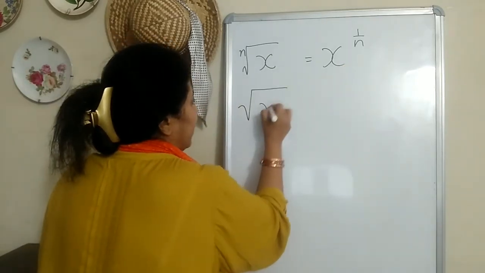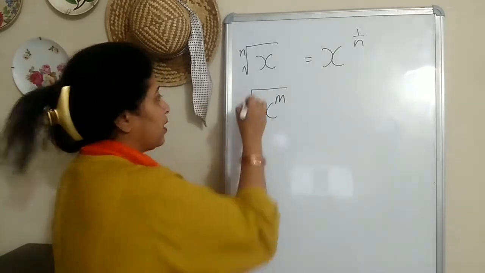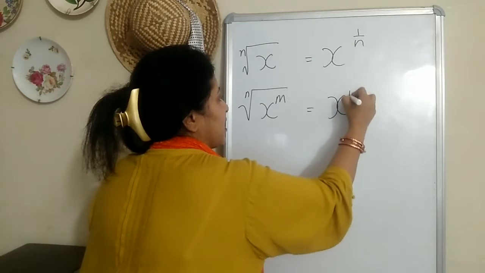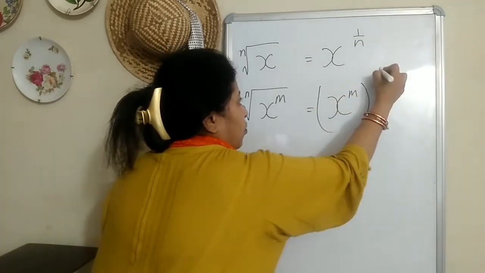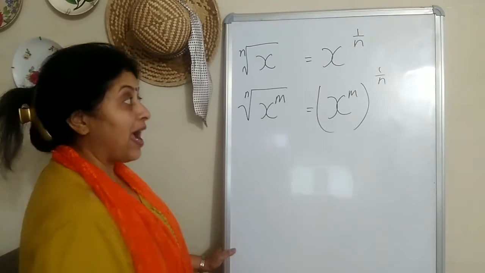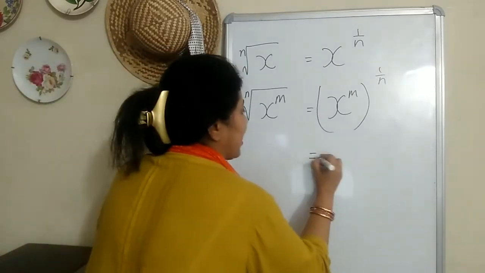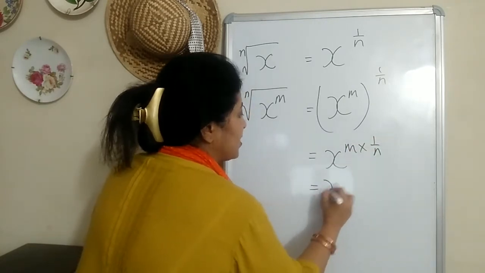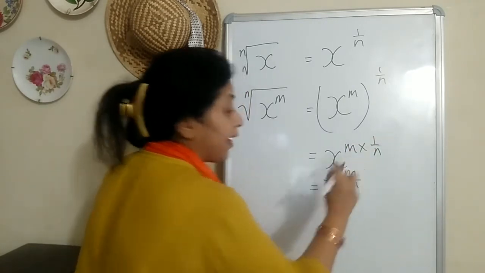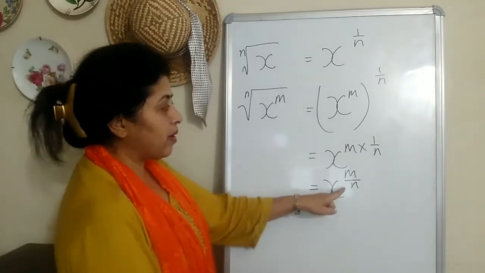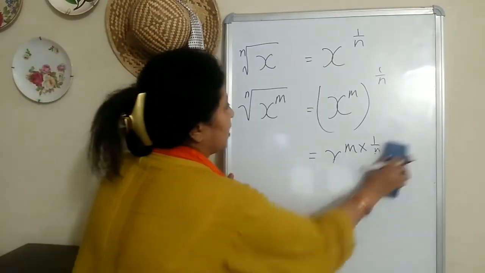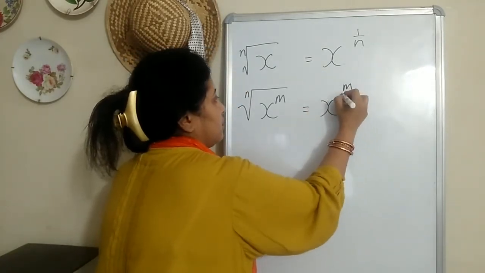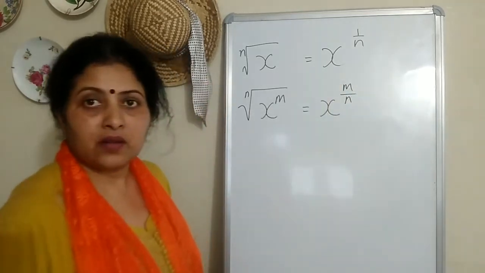Therefore, if I have x raised to the power of m and this is the nth root, it will be written as x to the power m, whole raised to 1 upon n, right? And you know the product law. So this can be written as m into 1 by n, which means it is m by n. So you need to remember this. This is how you come to it, but this is what it means. Right?